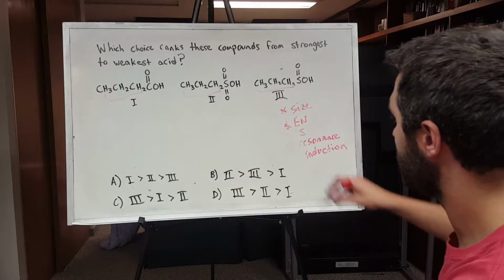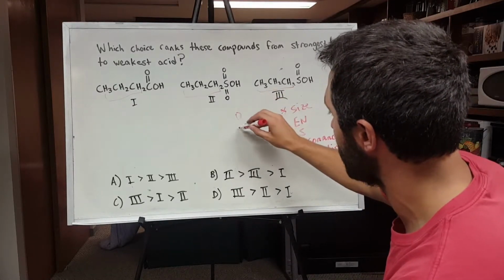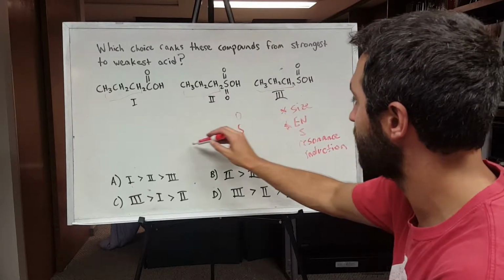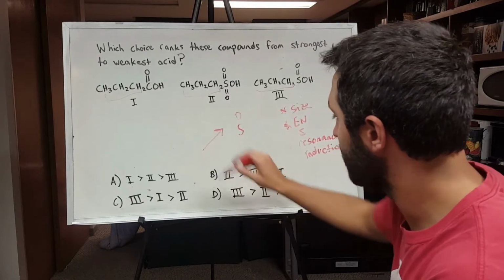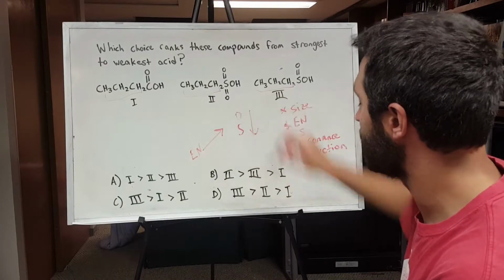Size and electronegativity. So, size of the atom bonded to the proton. For the periodic table we have O and we have S, right? Electronegativity is increasing this way across the periodic table, but size increases down the column.